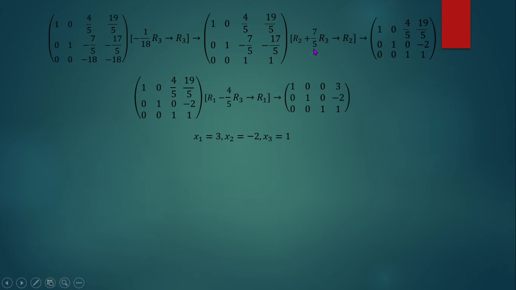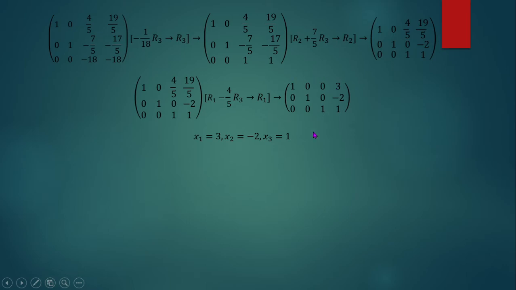So R2 plus 7/5 R3, substitute into R2. We have 0, 1, 0, -2. And then finally, eliminate 4/5: R1 minus 4/5 R3, substitute into R1, 1, 0, 0, 3.